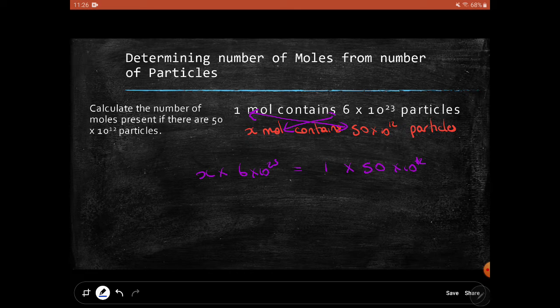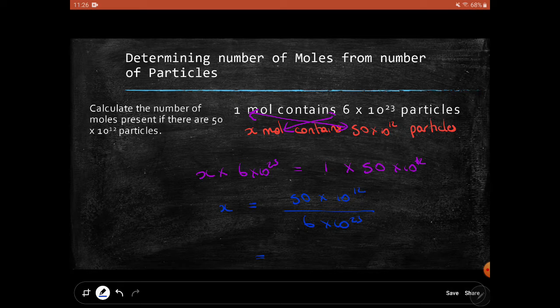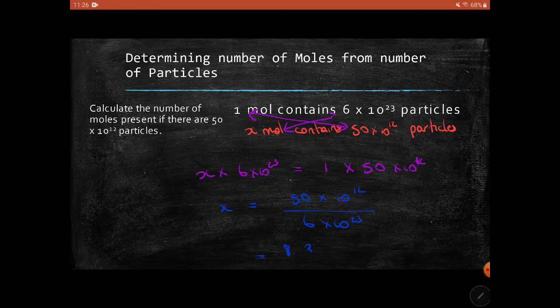When we solve for x by dividing both sides by 6 times 10 to the 23, we would get x is equal to 50 times 10 to the 12 divided by 6 times 10 to the 23. And once we put this in our calculator, we would get 8.33 times 10 to the negative 11 moles.